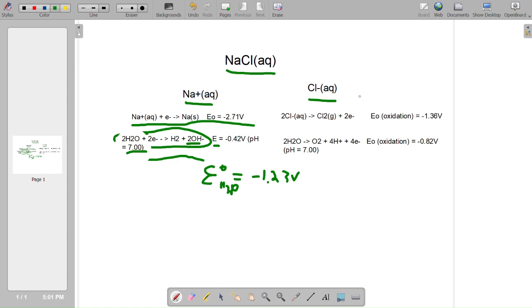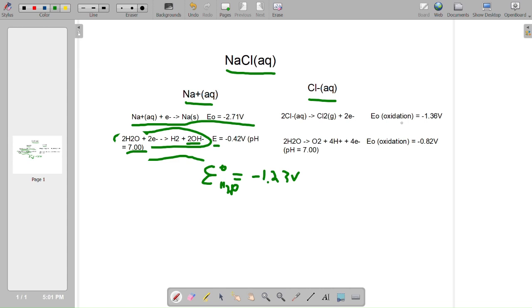This is where it gets interesting. For Cl minus, the oxidation potential is negative 1.36, and here we're using oxidation potential instead of reduction potential. The higher oxidation potential is the one that has a better tendency to be oxidized, which is opposite of reduction potential.